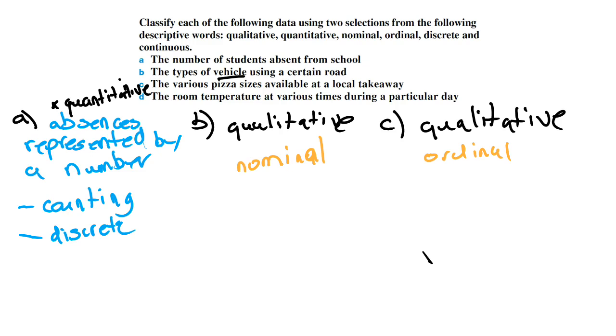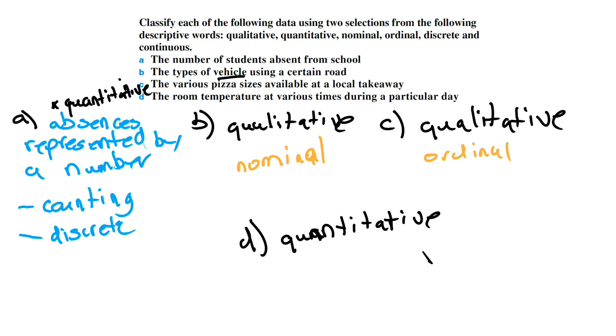Okay, and then we come to D. In D, what we find is that we've got the room temperature at various times during a particular day. Temperature is represented by a number. So that one will be quantitative.